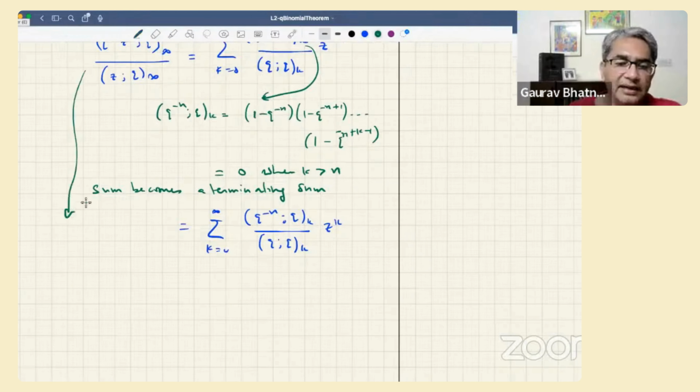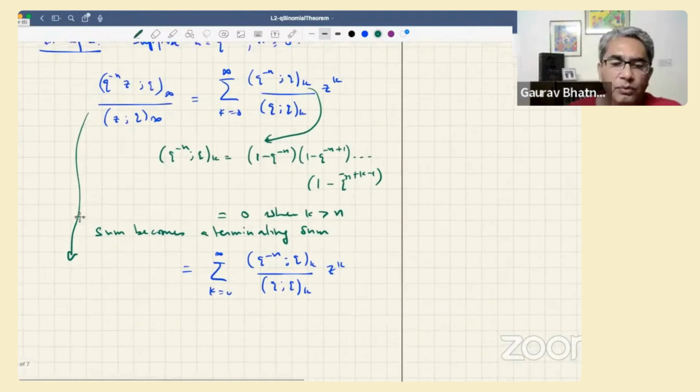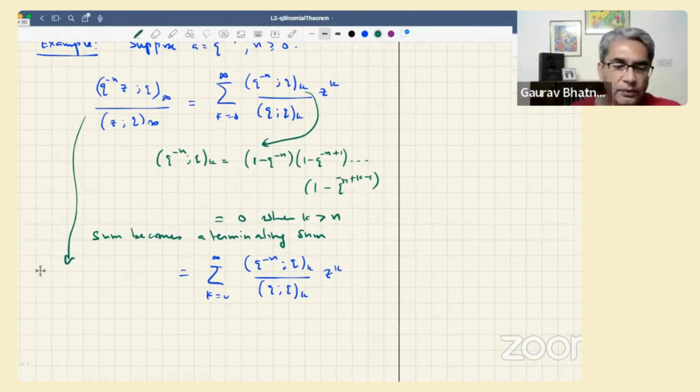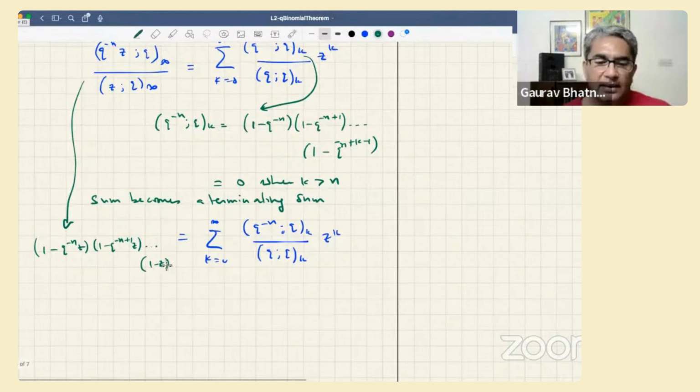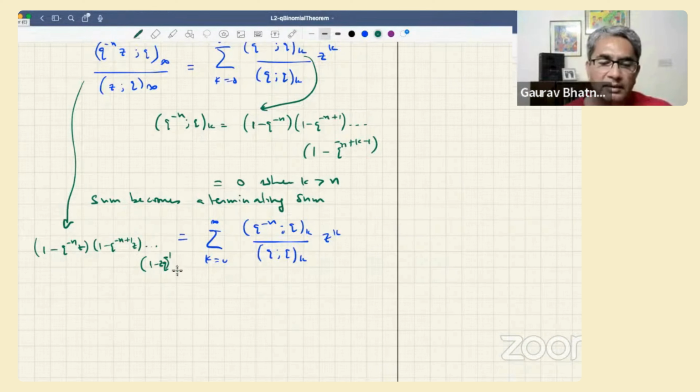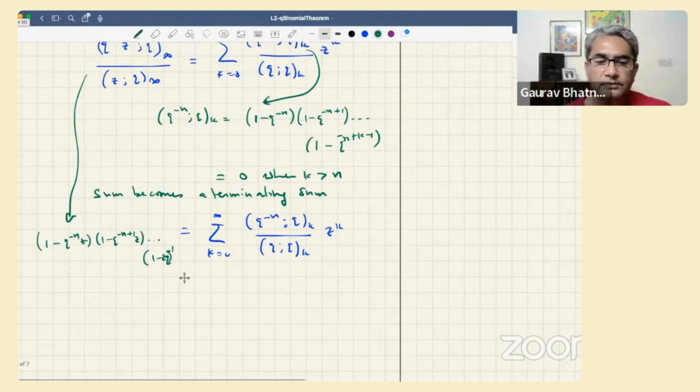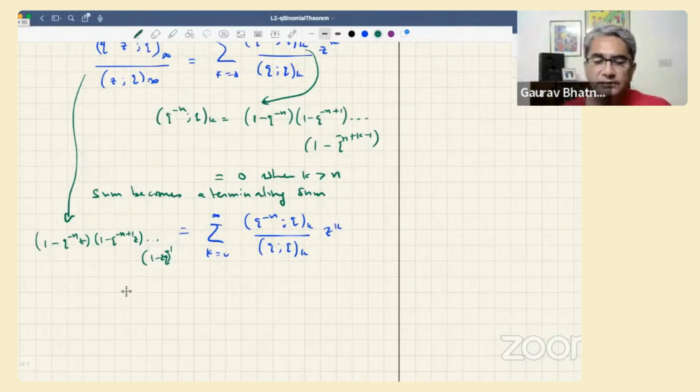On the left-hand side, you will get (1 minus q^(-n) z)(1 minus q^(-n+1) z), and so on. At some point you'll get 1 minus z, and the rest of the terms will cancel with (z; q)∞, which has 1 minus z, and so on. So all the terms will cancel.